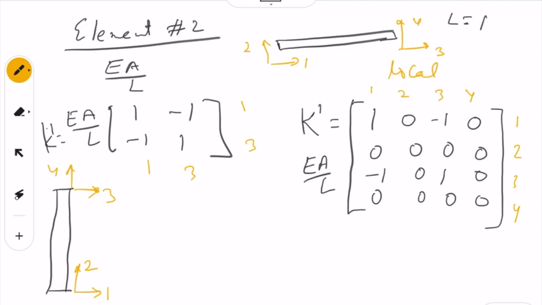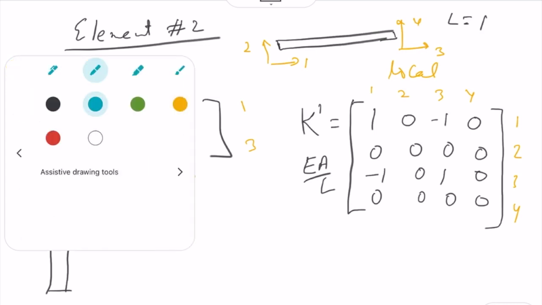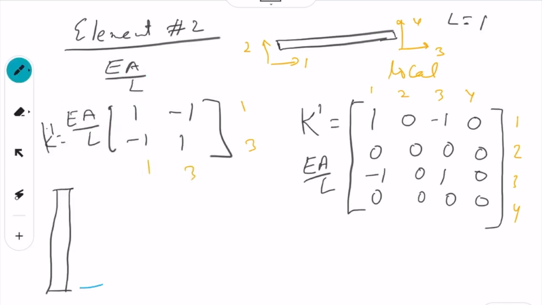Maybe let's use a different color so we are not confused. So let's use blue color here. So 1, 2, this is local numbering, 3, 4.